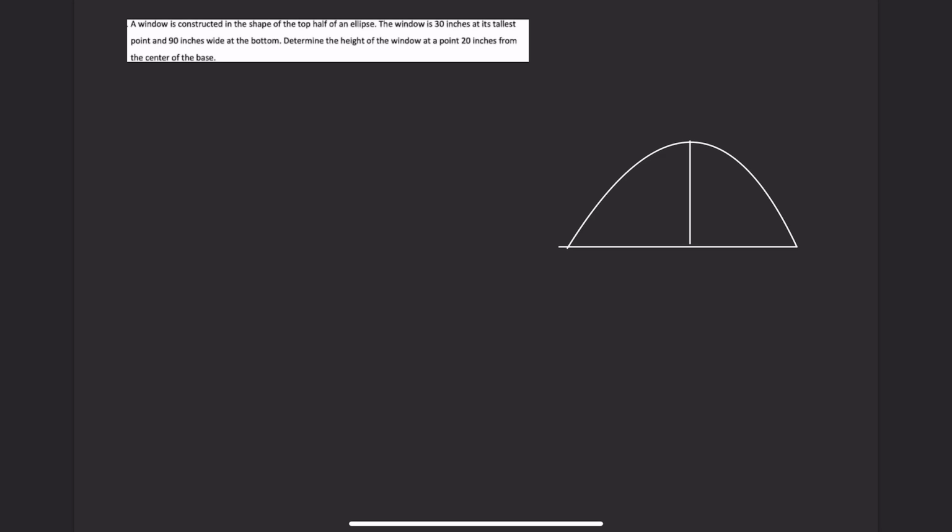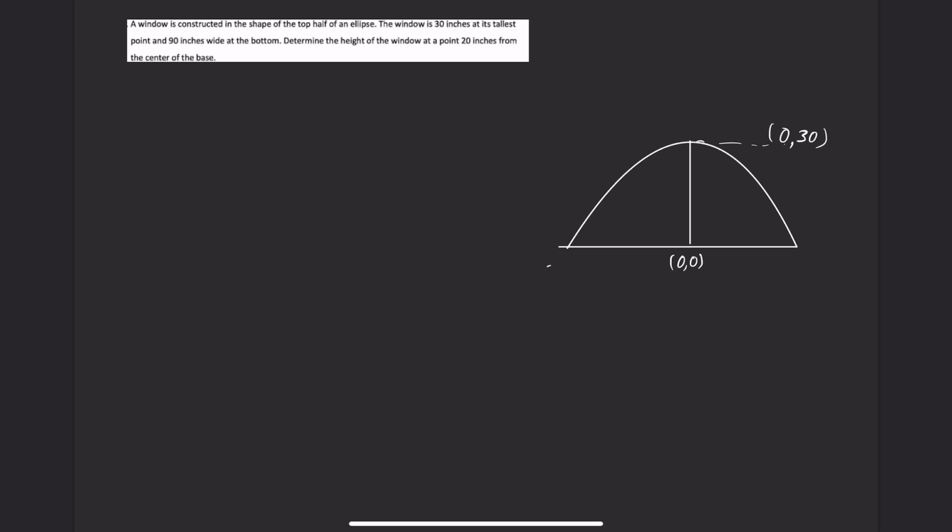Okay, so we're told that at its tallest point, it's 30 inches. So I'm going to take the center of the ellipse at the origin to make it easier on myself. So since this is 30, the point would be (0, 30). Okay, and we're told that it's 90 inches wide at the bottom.